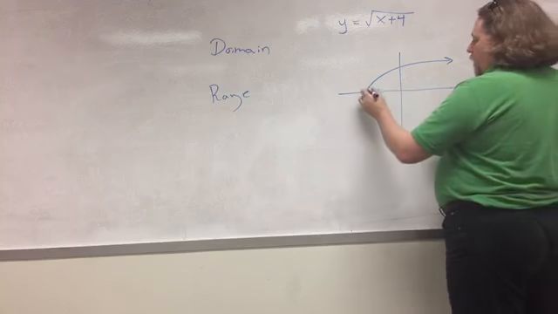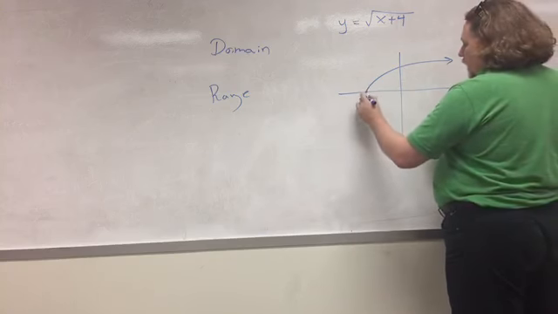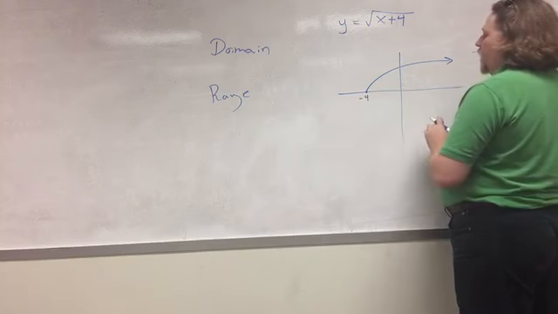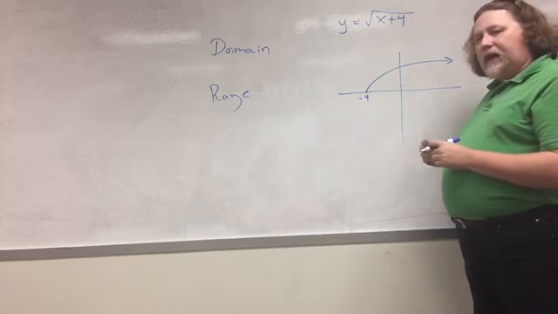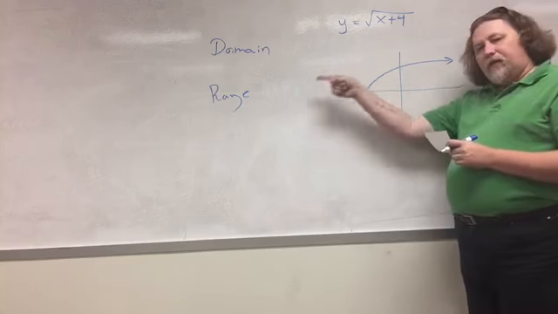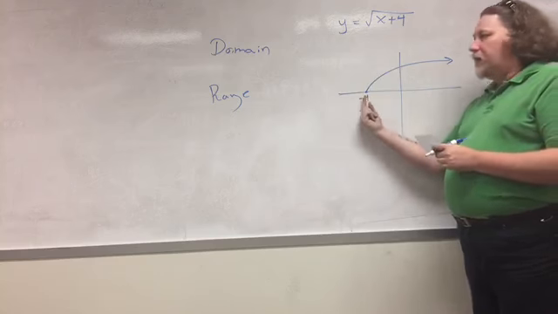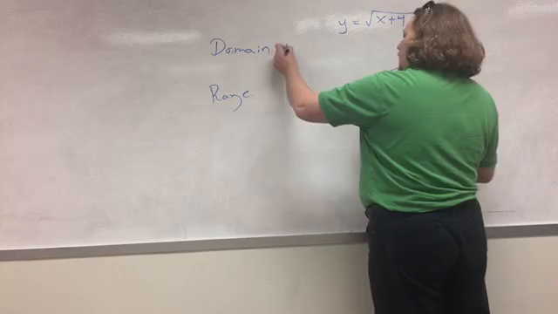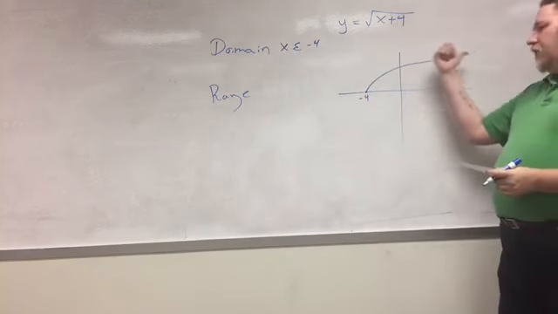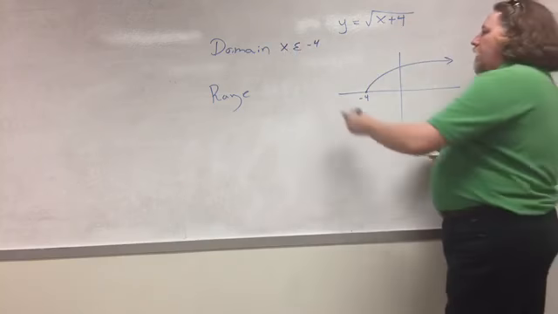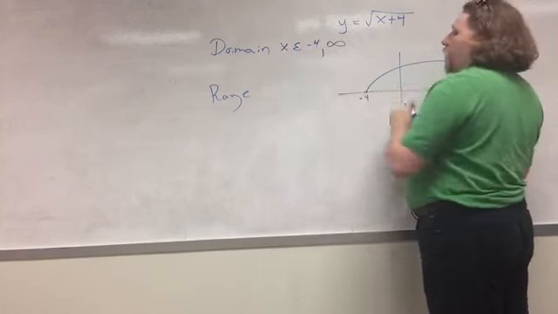And the x-intercept is at negative 4. So what if I wanted to describe the domain here? Well, how far to the left does the graph go? It goes to negative 4. So I would say x goes to negative 4. How far to the right does it go? It goes forever, so to infinity.